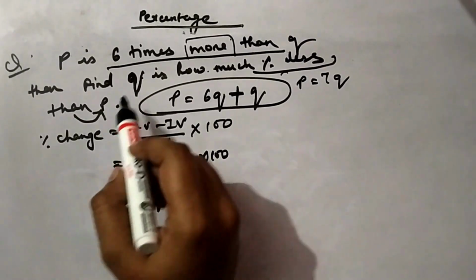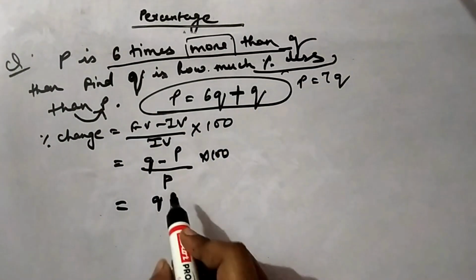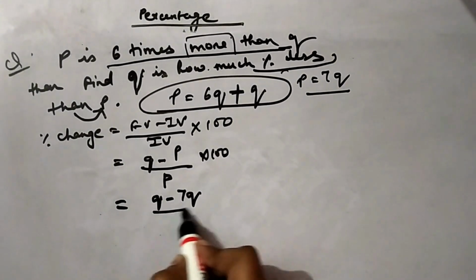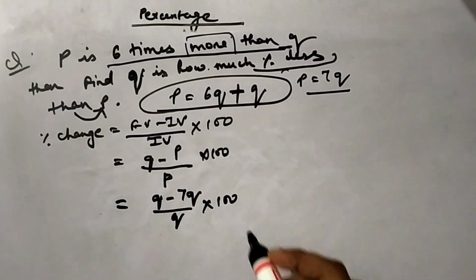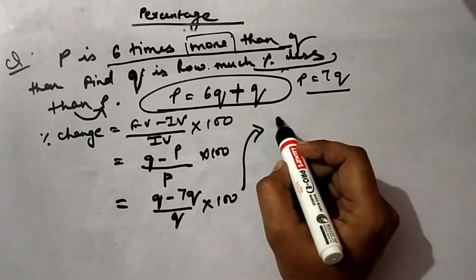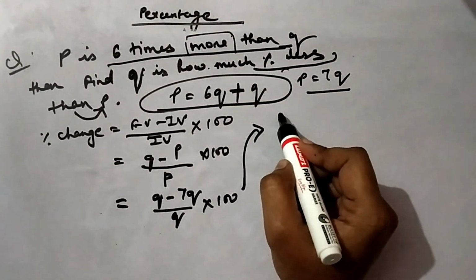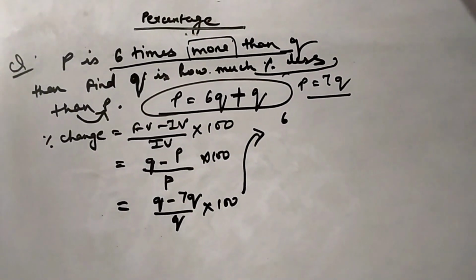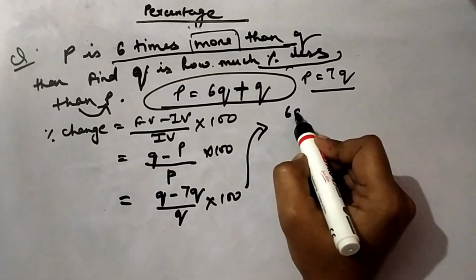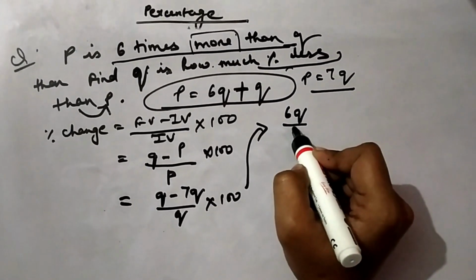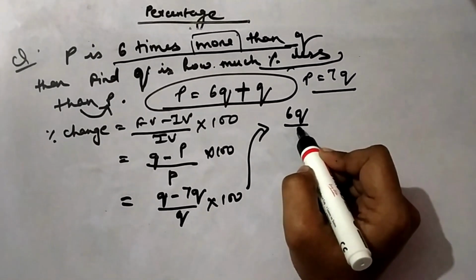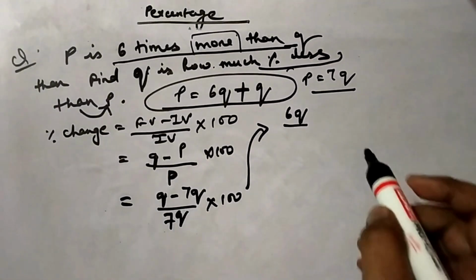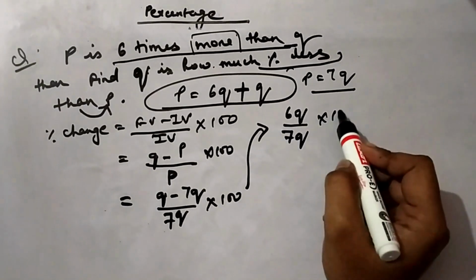Now P is equal to 7Q. So it will become 7Q upon 7Q into 100. Here the numerator becomes Q minus 7Q, which is minus 6Q, upon P, which is 7Q, into 100.